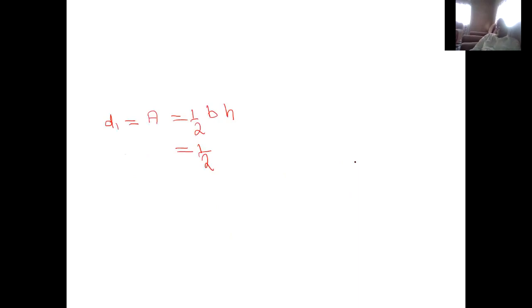So we have 2 multiplied by 40 seconds, and our height, as we calculated it, is 200 meters per second.